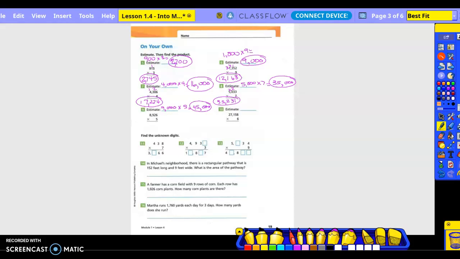Okay, 5 times 6 is, carry the 3. 5 times 2 is, plus 3 is, carry the 1. 5 times 9 is, plus 1 is, carry the 4. 5 times 8 is, plus 4 is, 44,630. Is that close to 45,000? Yes.